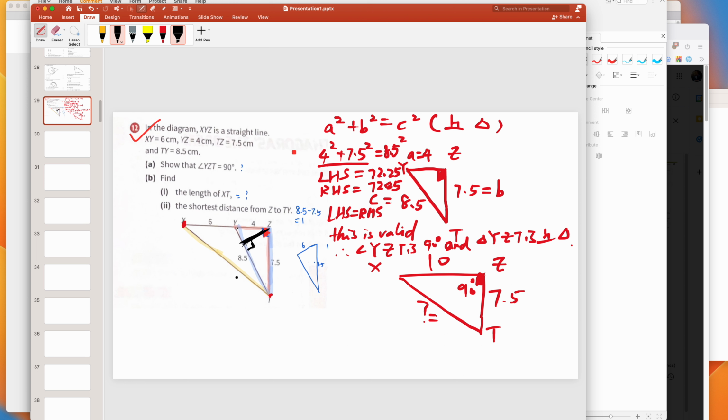Okay, good. So now you need to take out this triangle. They want you to find the shortest distance from Z to TY, so that means it must be a right angle triangle. In a way, they want you to find the height, this height.